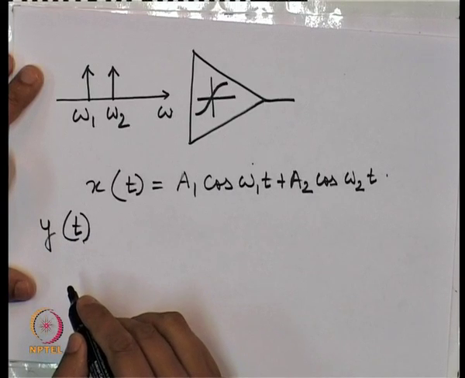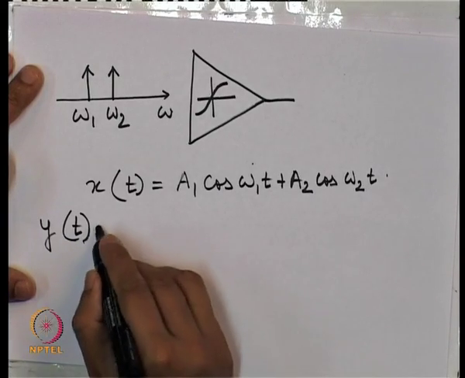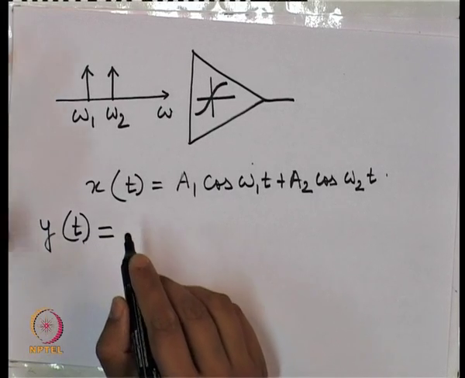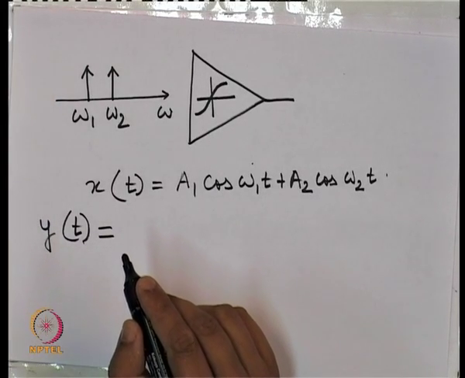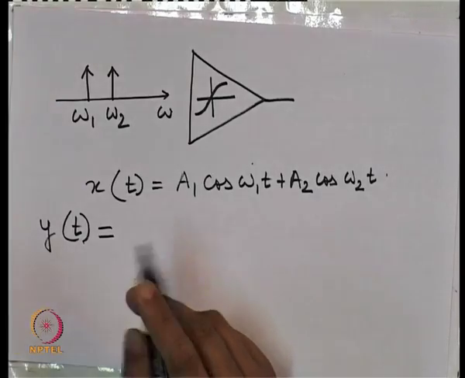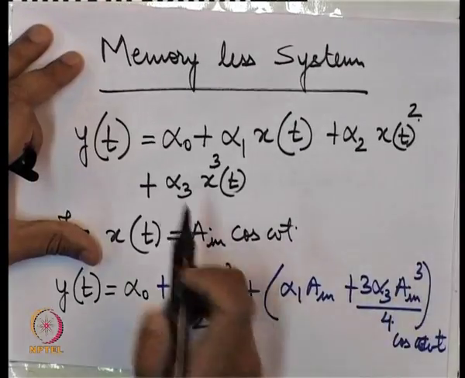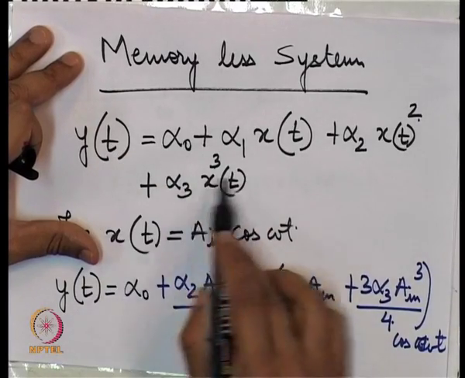So then, if we use that same expression for y that we had used earlier, y(t) and x(t) are related by this equation.